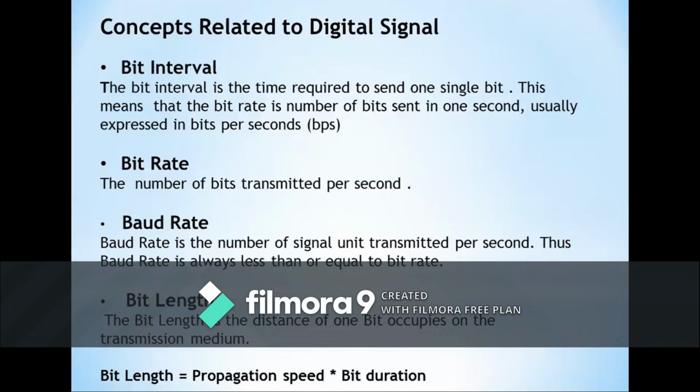Next is baud or baud rate. Baud is the unit of signaling speed or modulation rate, or the rate of symbol transmission. It indicates the rate at which the signal level changes over a given period of time.